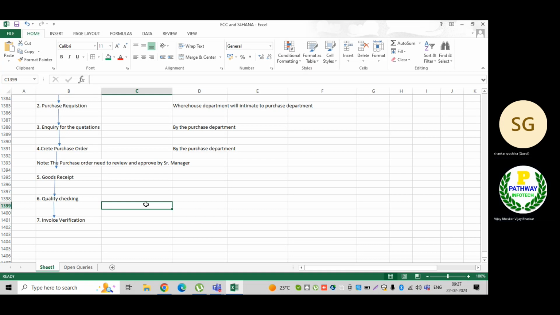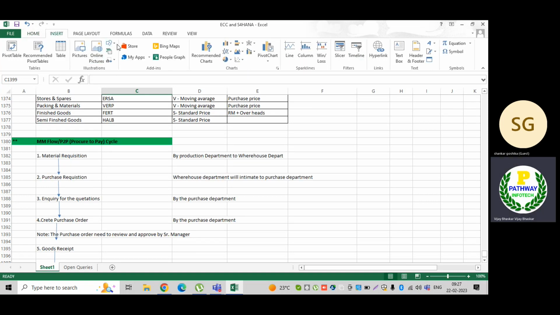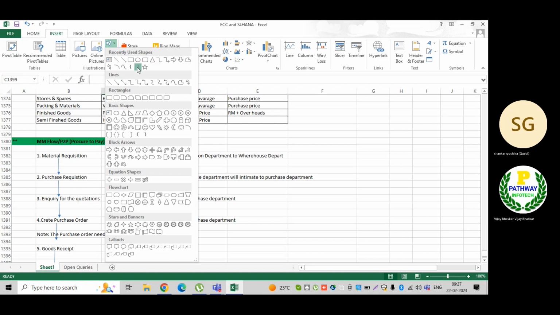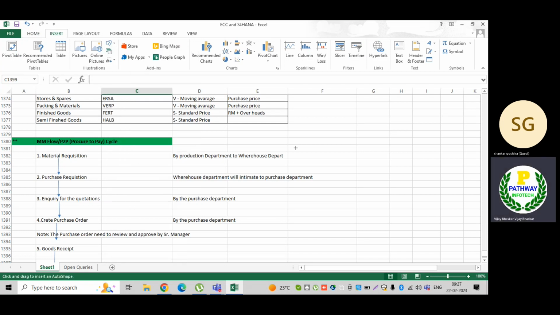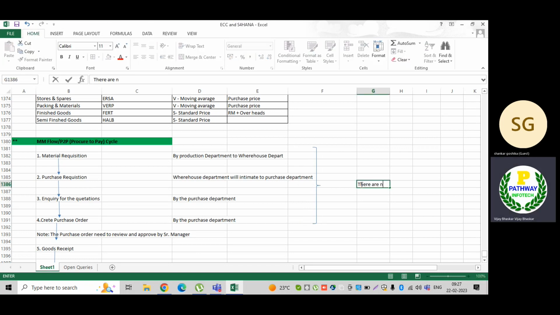Remember, one important thing here is that from here until purchase order creation, remember this, you need to know, there are no accounting documents that will generate.